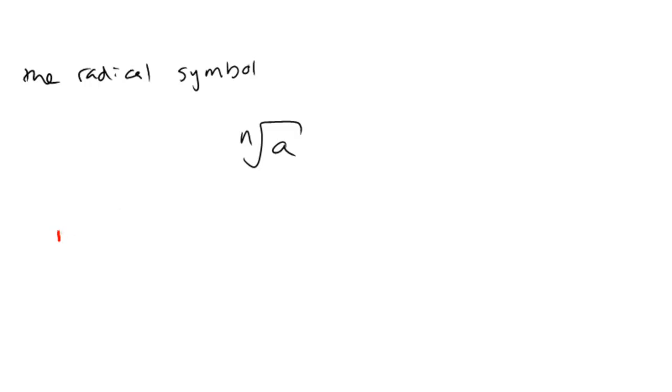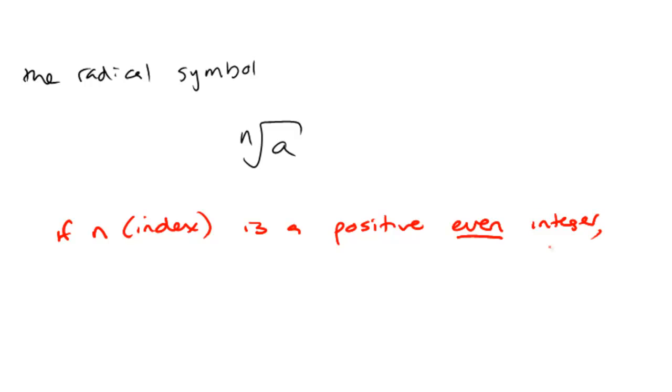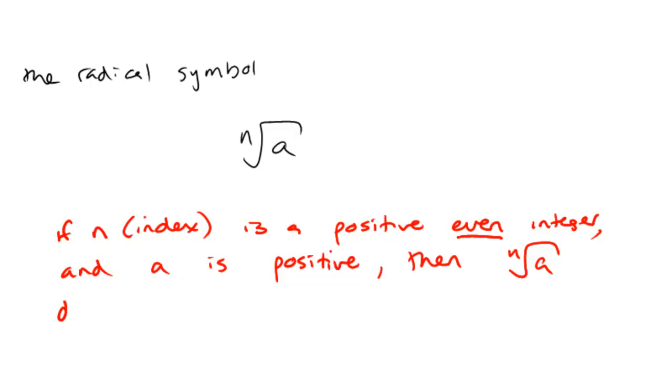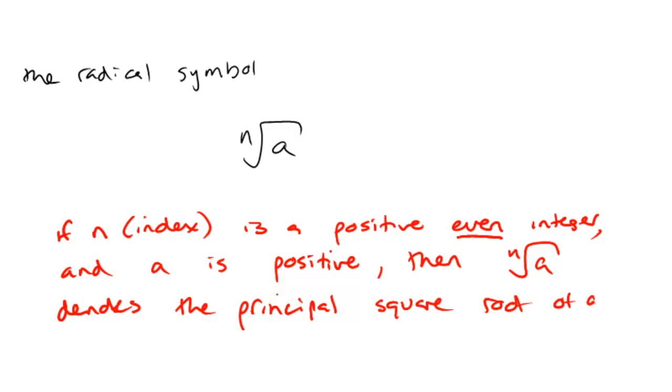So if n, which is called the index, is a positive even integer, and a is positive, for example, the square root of 25, then the nth root of a denotes the principal square root of a.